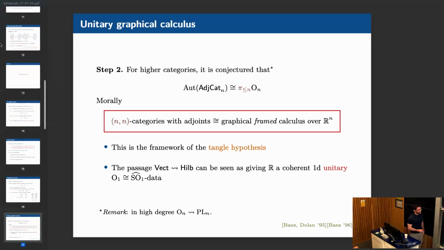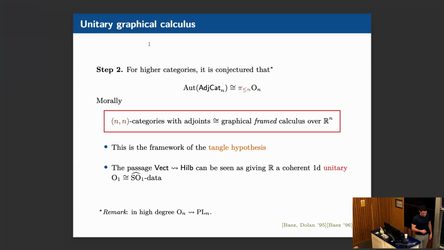And the passage that we did to go, say, from a 1-category back into the 1-category here, can be precisely seen as the fact that you have a good framed calculus in R, which is lifted to a good unitary oriented calculus in 1D. Okay.